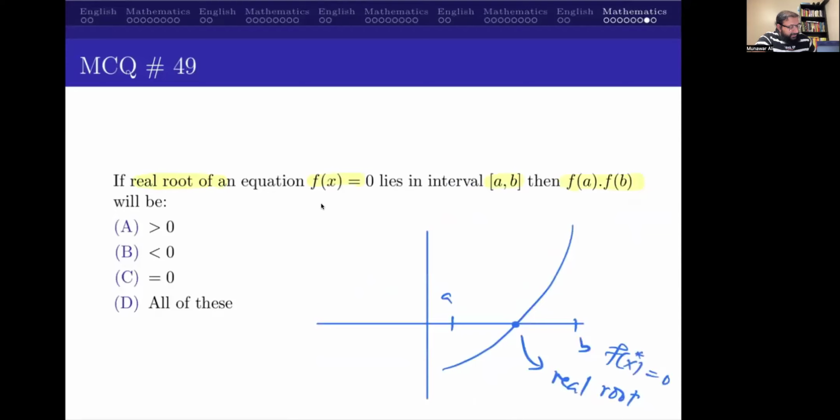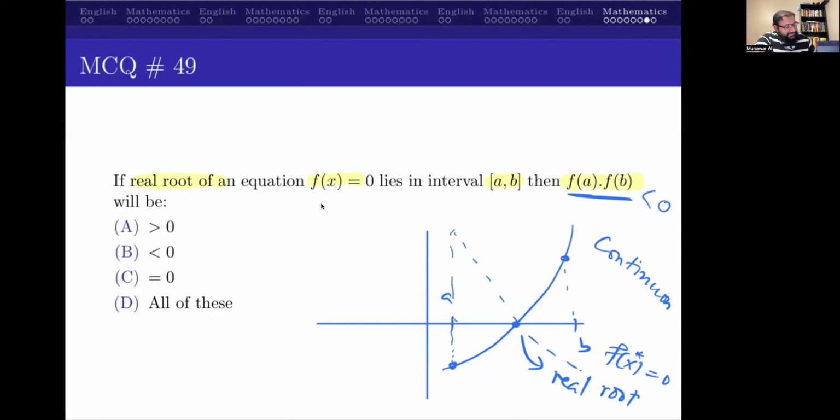So obviously what would be the case if this function is continuous? Maybe, it's not given, but we can assume. Continuity is important. So f of a, you can see, is negative and f of b is positive. So if you take their product, this is always going to be less than 0. Or maybe this graph can go like this.